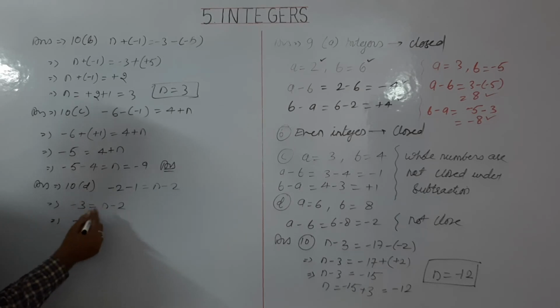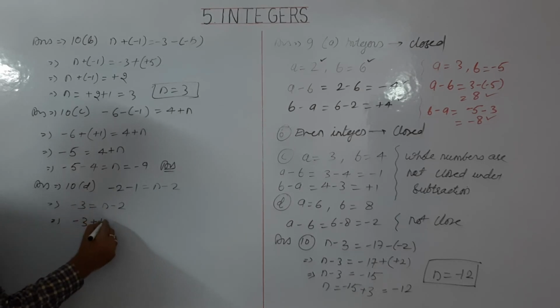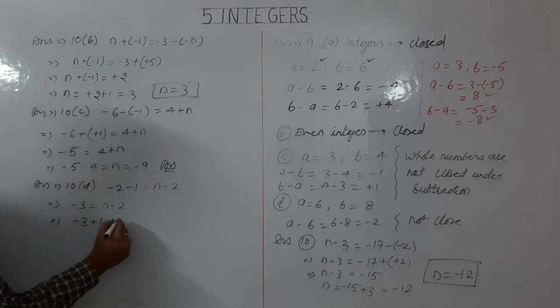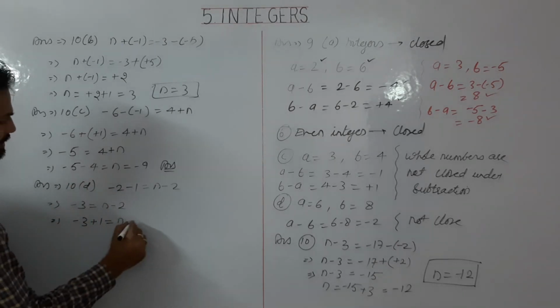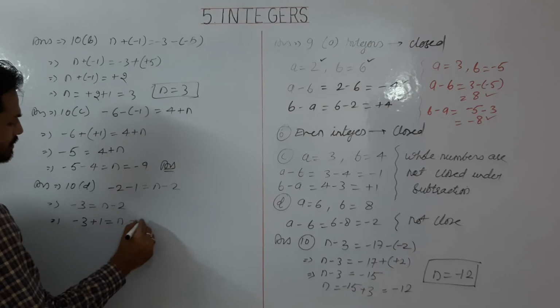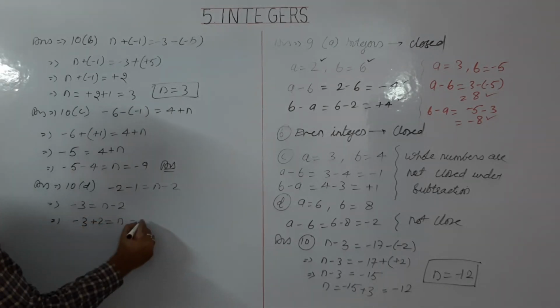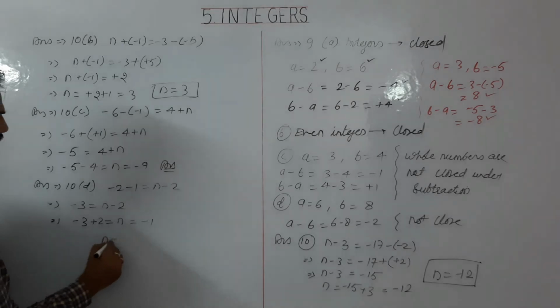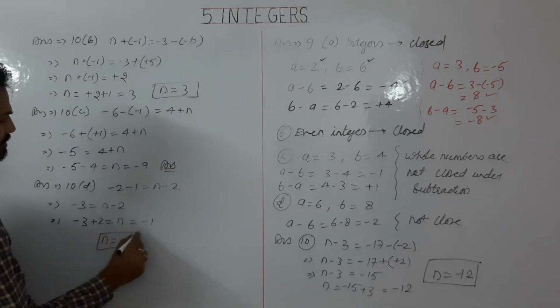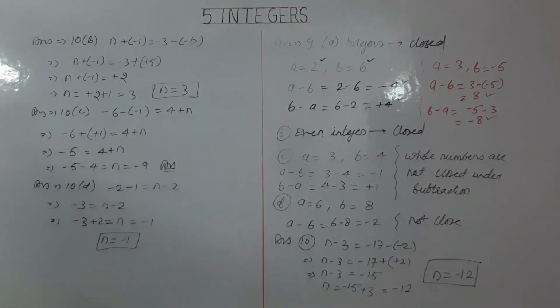Minus 2 is negative, so we'll change its place and sign. So the value of n is now minus 3 plus 2, so n is minus 1. So these are all the answers: plus 3 in this case, minus 9 and minus 1.